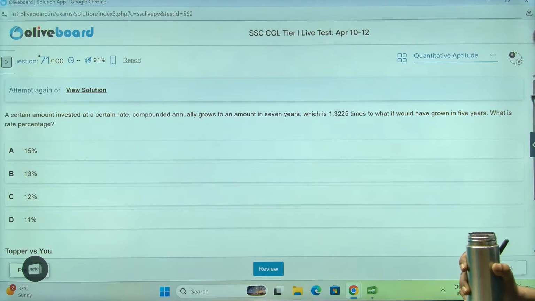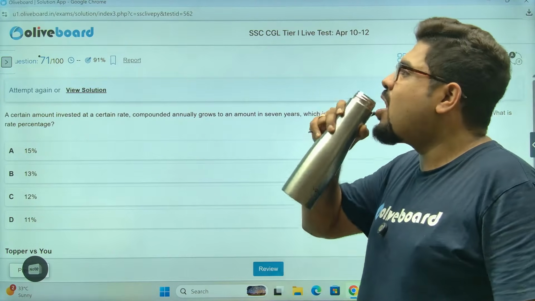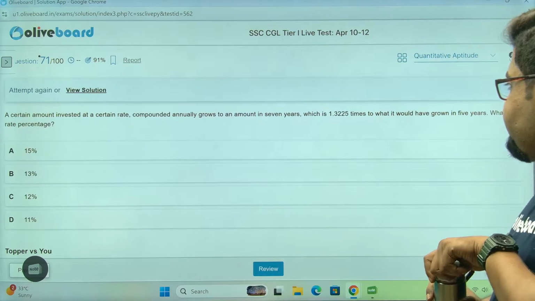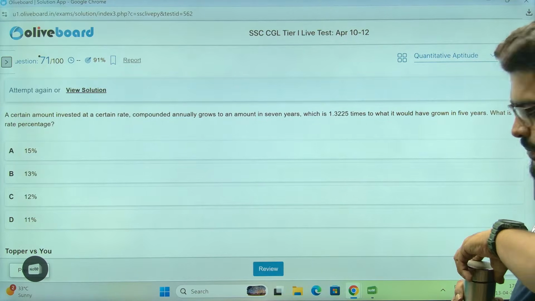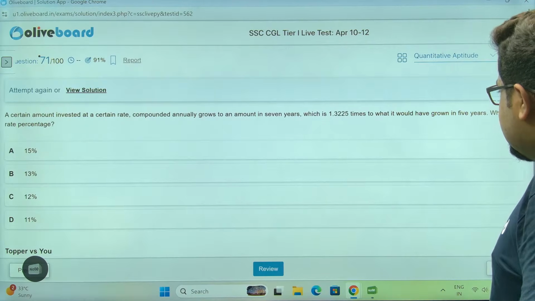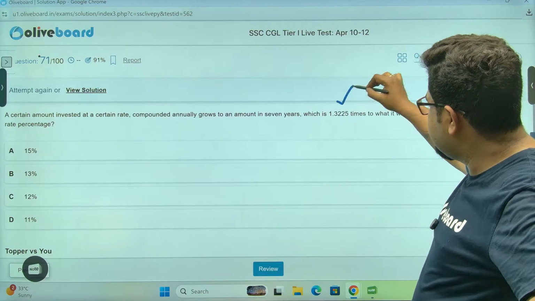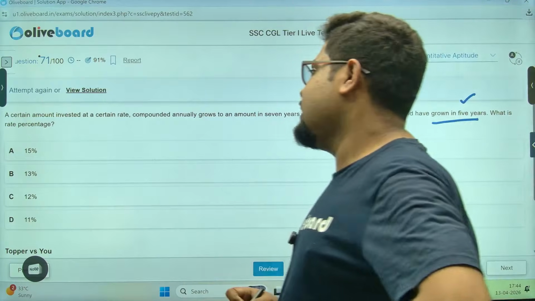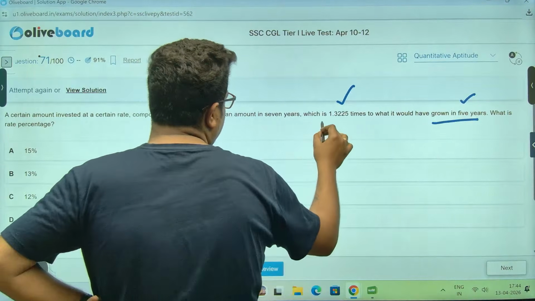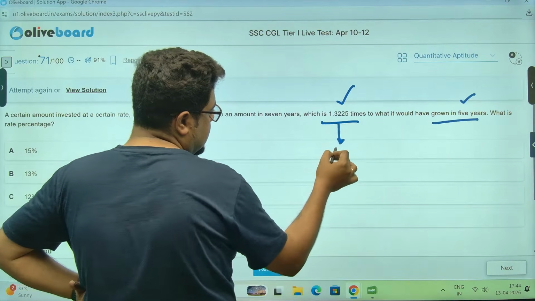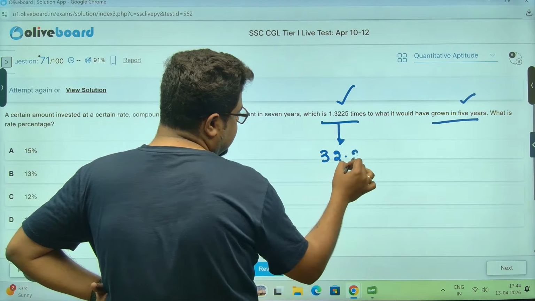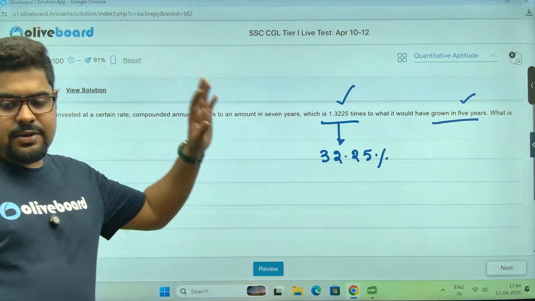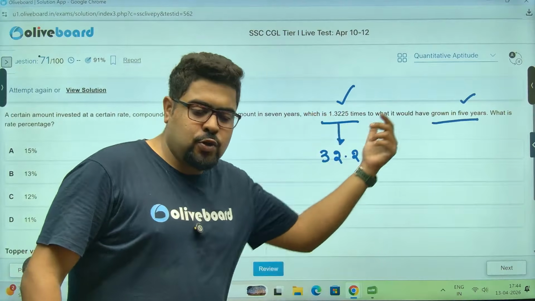Can you guys do this without pen and paper? 7 years compared to 5 years. 1.3225, meaning the extra interest is 32.25%.